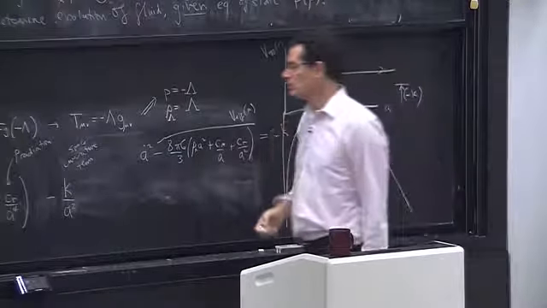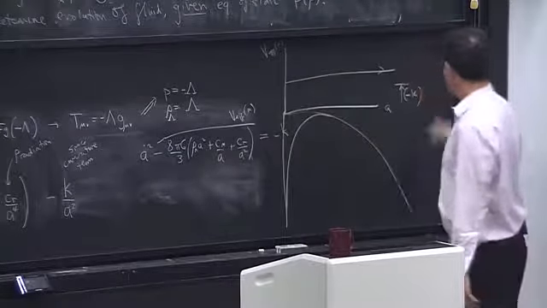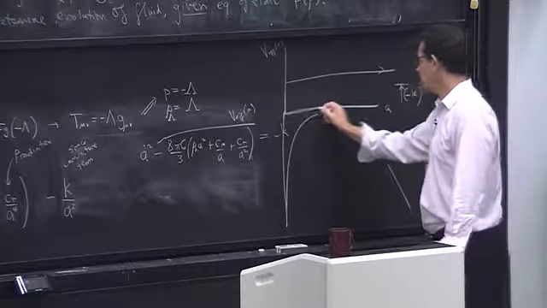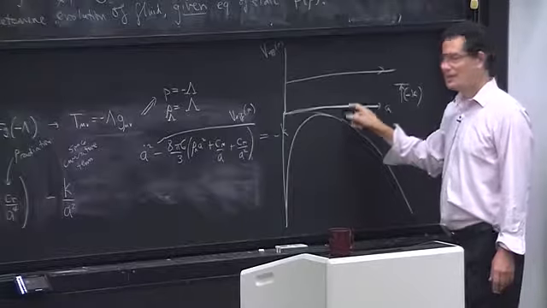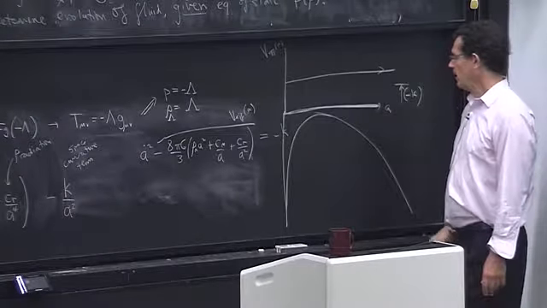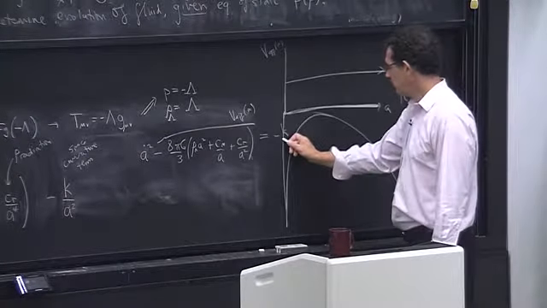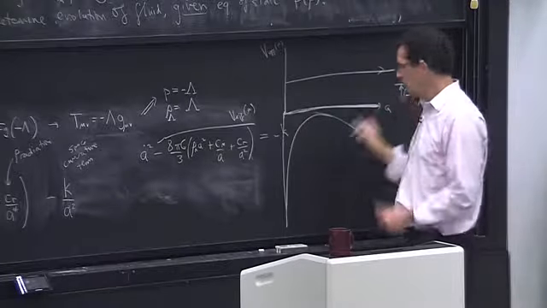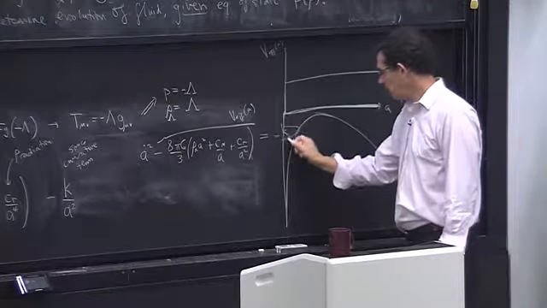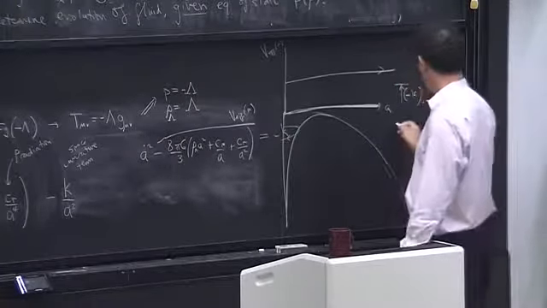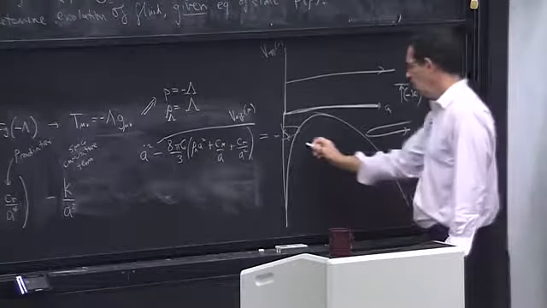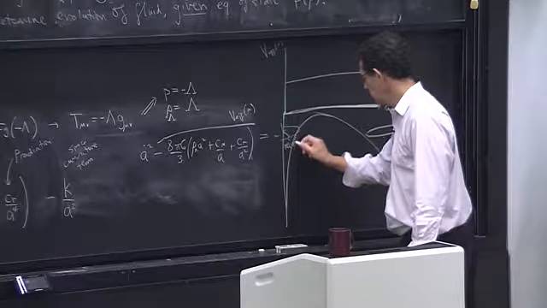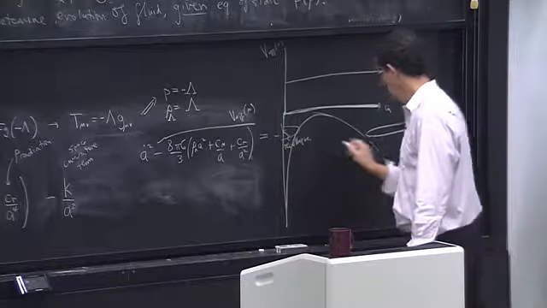So that's for k negative. K equals 0 is basically the same. That seems to be the universe we live in. If k is too positive, the universe would collapse, or it could bounce. So this is recollapse or bounce.